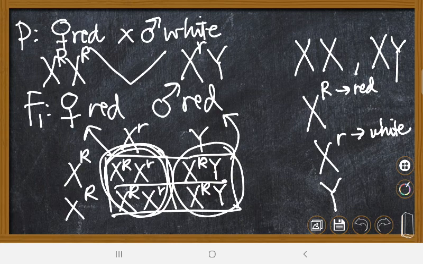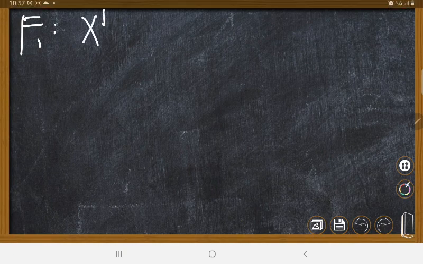generation. So what we're doing now is we're crossing the F1. So the red-eyed females na F1 cross with the red-eyed males na F1 as well. Okay, so let's erase everything. So we're doing an F1 cross where we have the heterozygous female, right?